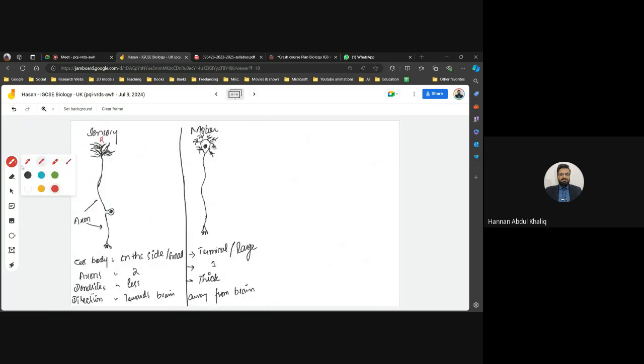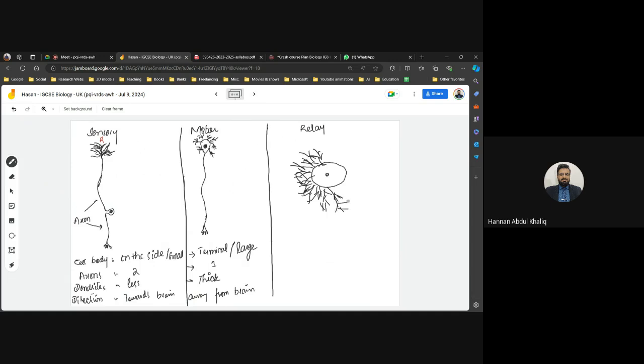And those neurons look like this. They often don't have a very large cell body. They may look like this, but their dendrites are so many that sometimes we say that some of them don't even have an axon.